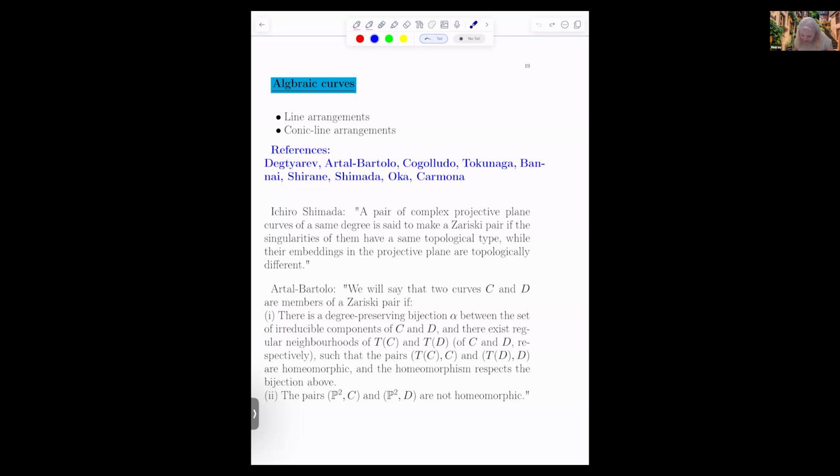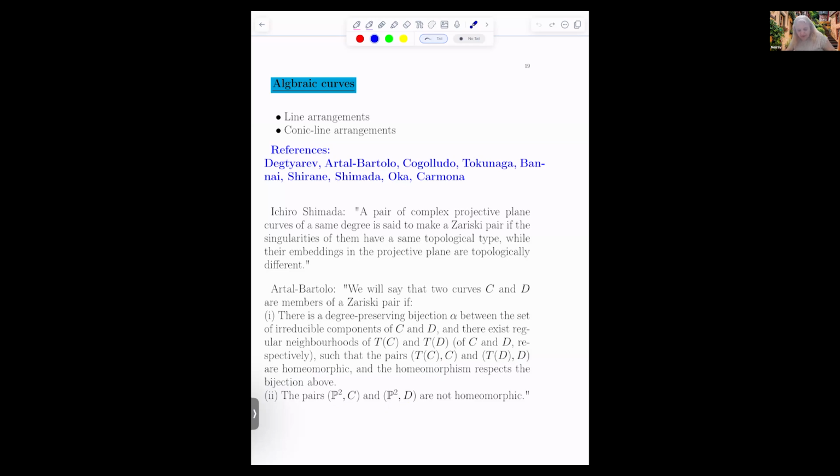I mean, these are the neighborhoods of C and D, such that these two pairs, I mean the curves and the regular neighborhoods of them, are homeomorphic, and the homeomorphism respects the bijection above. And the second condition is that these two pairs are not homeomorphic. So you see that they are more or less equivalent.